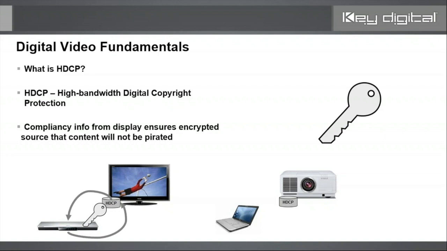Now we show it on the left-hand side, the consumer sources, and we don't show it on the right-hand side, the laptop computer. Now, every HDMI cable has the pin for HDCP. It's always there, but some content is not HDCP encrypted. What content is HDCP encrypted, which requires this key exchange, is Hollywood content.